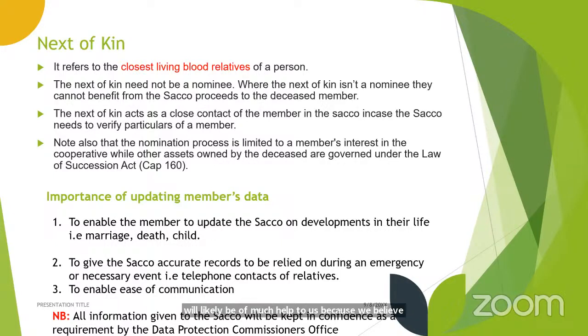And so that's why it's important to update those records, and generally to also enable ease of communication. So if you're updating us with any information, your email address, your number, and all that, it will be very important, because it will enable us to reach you quickly, as opposed to trying to figure out where you are now, what has happened in your life, and all that.